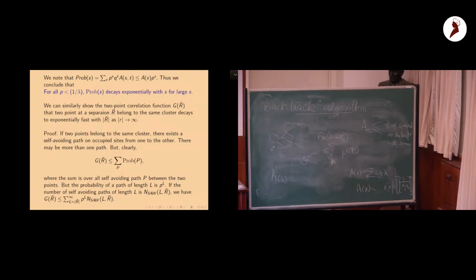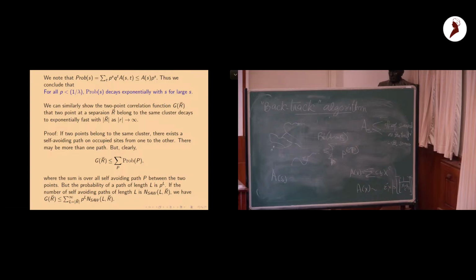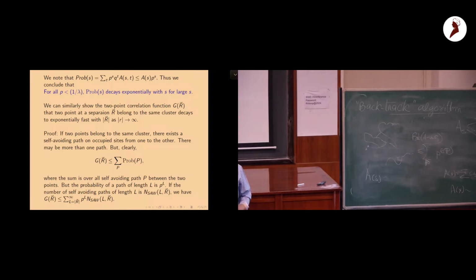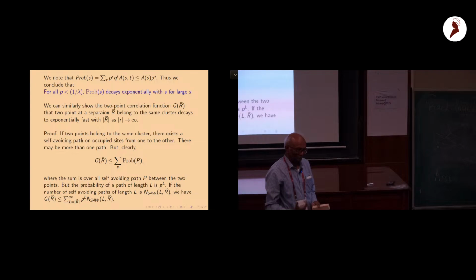But L of this is summation of all paths, but these paths have a lower bound on L. L cannot be smaller than something to reach B. The smallest number is actually the distance between A and B. That is called the lattice distance.